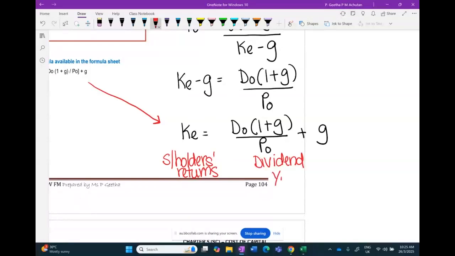So we call it a dividend yield. Anything that you divide by PO is called a yield. Returns divided by investment. Plus, this represents a dividend growth. So that's the meaning of that formula.